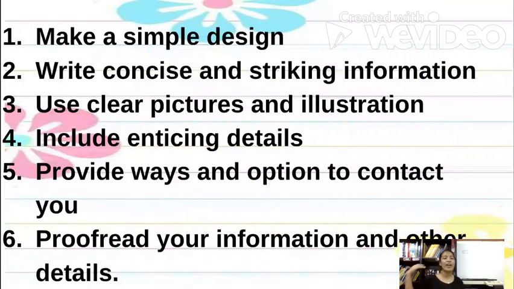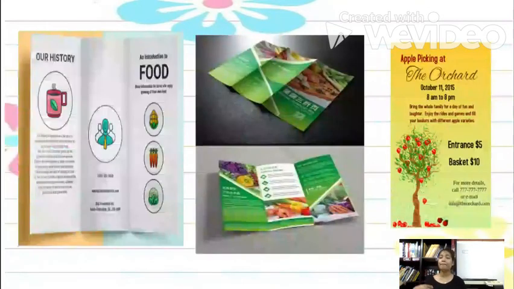And also we have factors to consider in making an orchard farm. First is we have land, soil, water, transportation, plants, and knowledge.